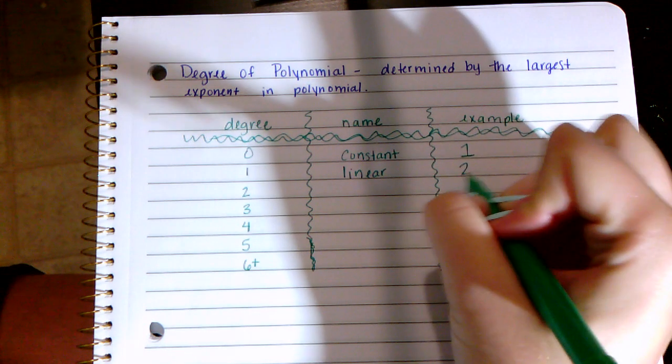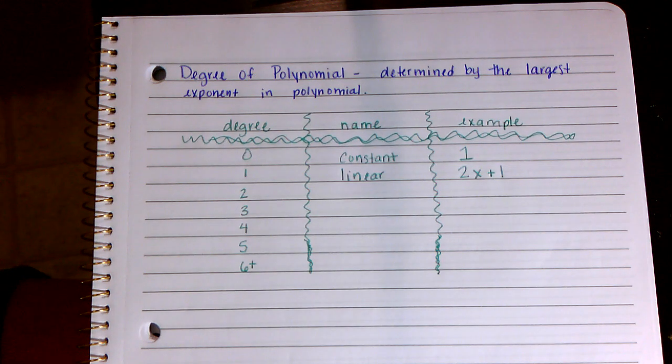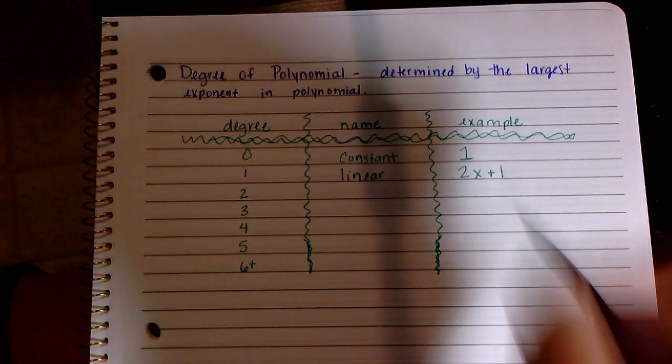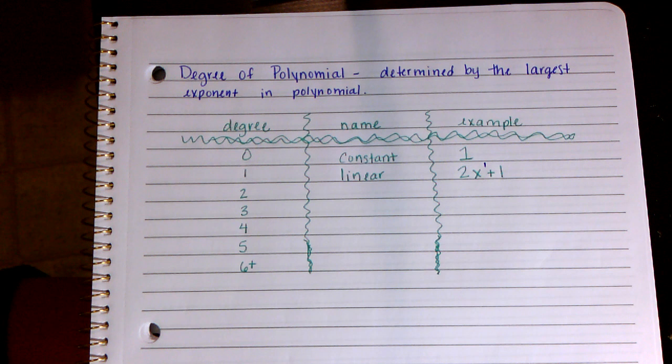And this looks like 2x plus 1. Okay, so again, we don't ever write to the power of 1 because it's redundant and it's not going to change anything, but you can put it right here. So if you see a variable with no exponent, you can put to the power of 1 and it won't change the value of that. And those are linear functions.